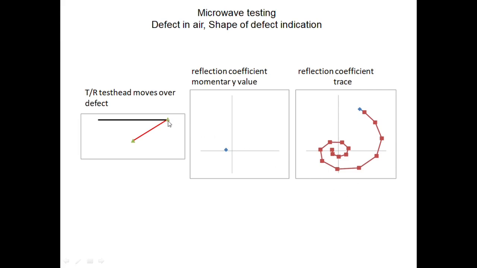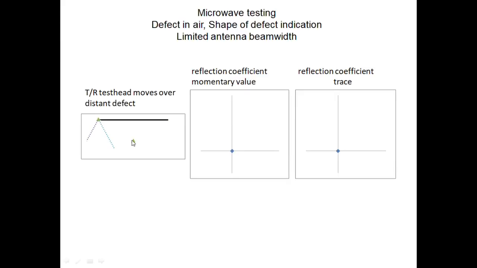Well, such an antenna does in practice not radiate into all directions, but such an antenna has a limited beam width, and we have to consider that, and that is done in the next series. Here some antenna beam width is sketched.